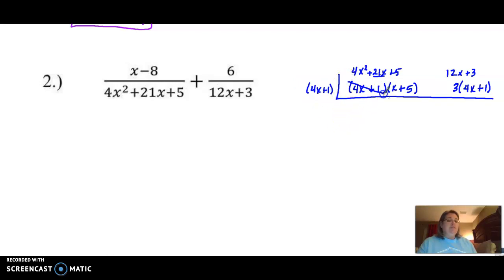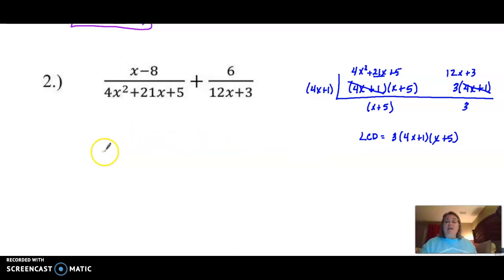So when it's gone from this side, all I have left is the x plus 5. When I take the 4x plus 1 out of this one, all I'm left with is the 3. So my LCD is 3 times 4x plus 1 times x plus 5.